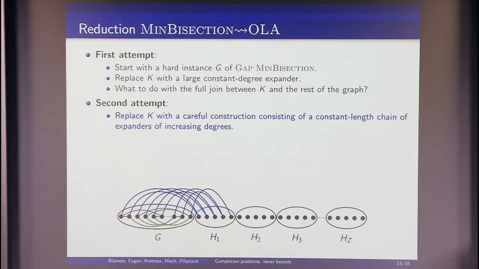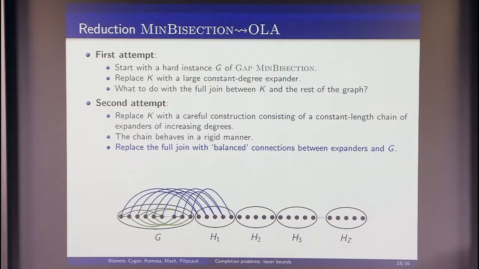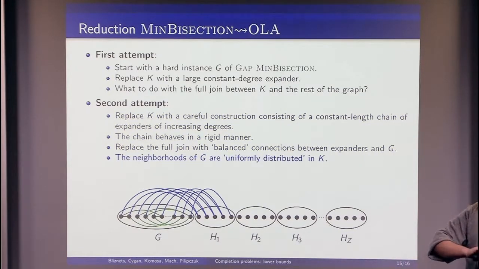so that this whole structure is rigid. It will just be put like this in the optimum arrangement, and then you put the connections between the original graph and the expanders in such a way that this is balanced, in the sense that every vertex from the expander sees more or less the same number of vertices in the original graph, and every vertex of the original graph sees one vertex from each of the expanders. And this is in order to make sure that these neighborhoods are sort of uniformly distributed.